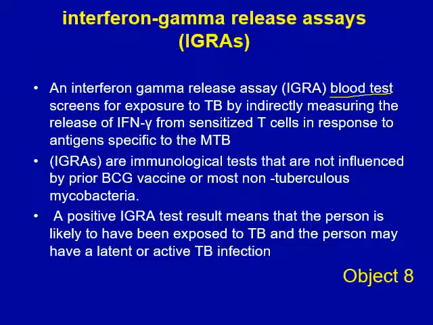If it was positive, it means the patient is exposed to the TB. We measure the interferon gamma, which is released from the sensitized or infected T lymphocytes in response to the antigen specific to Mycobacterium tuberculosis.